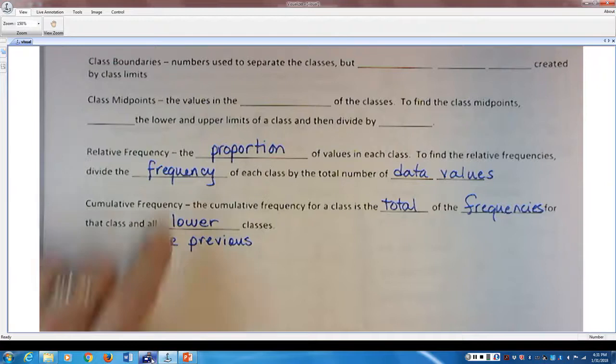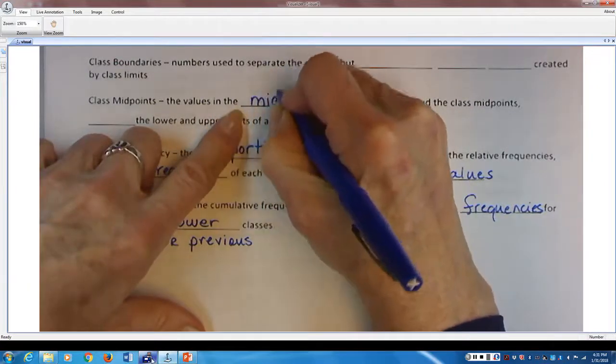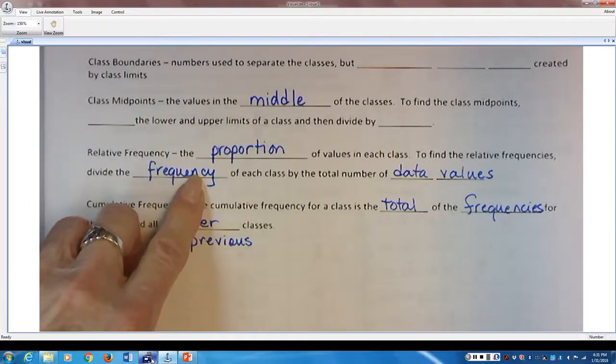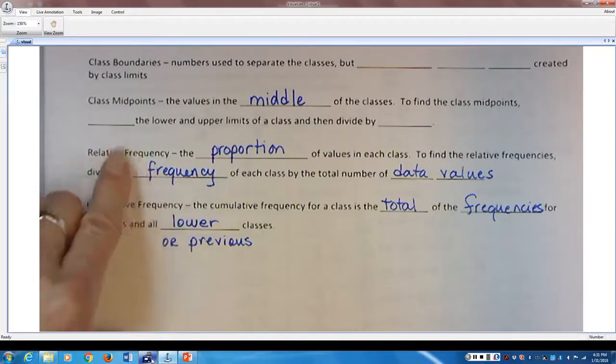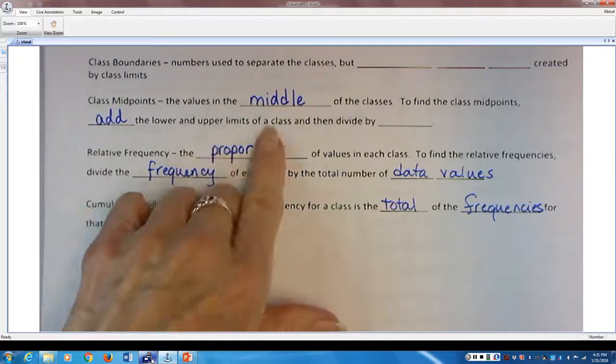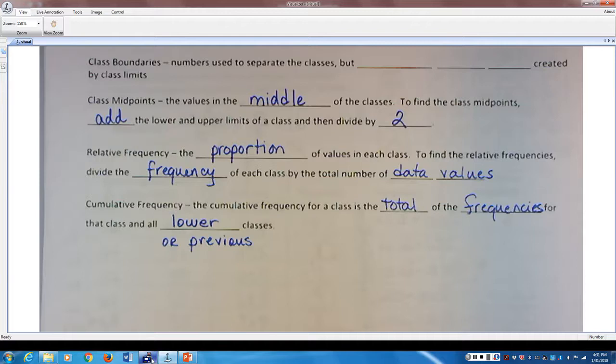Class midpoints are the values in the middle of each class. To find the class midpoints, add the lower and upper limits of a class and then divide by 2. Okay?